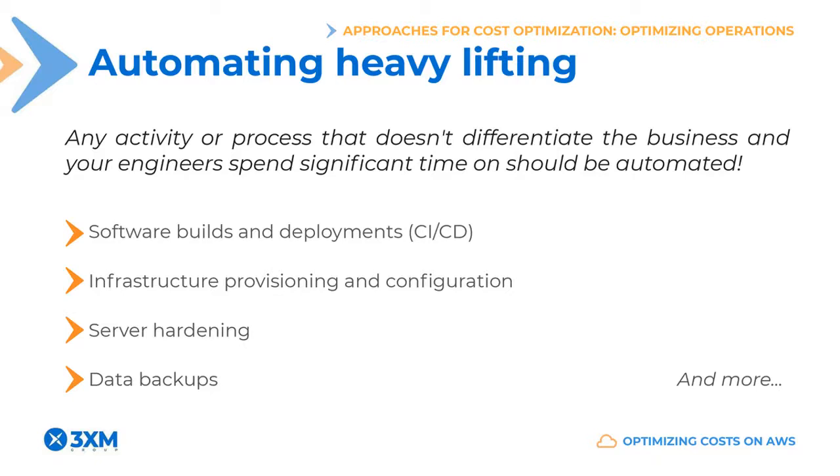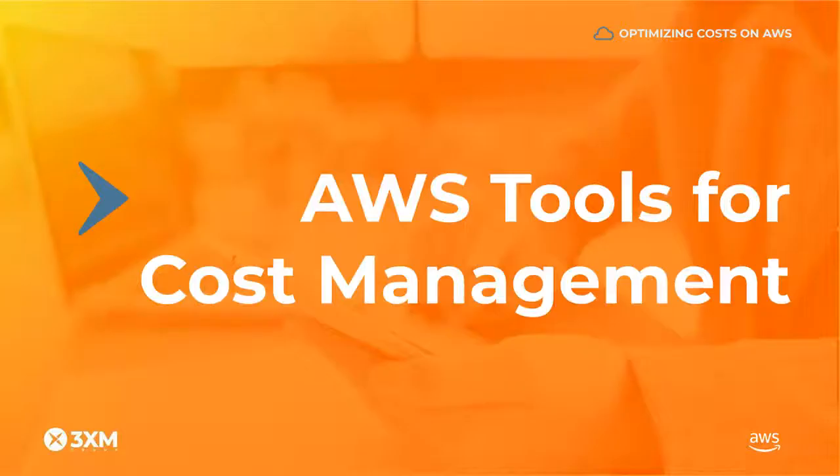Not only does automating all these processes yield savings over time, it also frees up time and capital for other things that truly benefit your business, right? Focusing on building new applications, new features, and innovating, right? Things we've been talking about throughout this presentation.